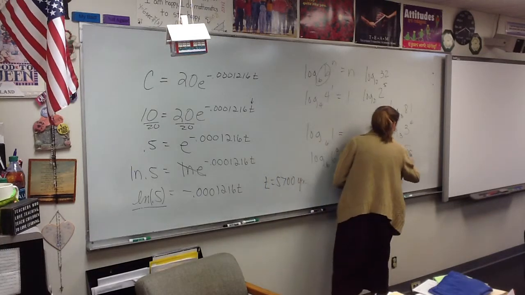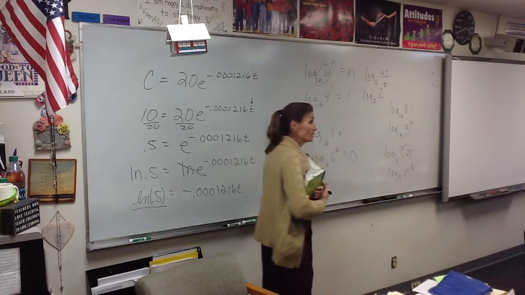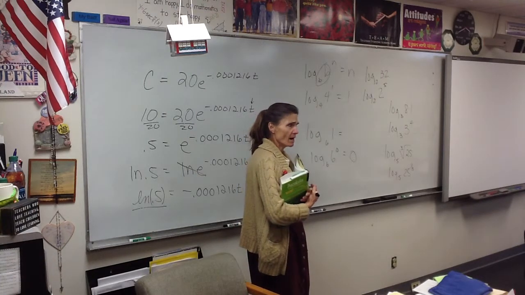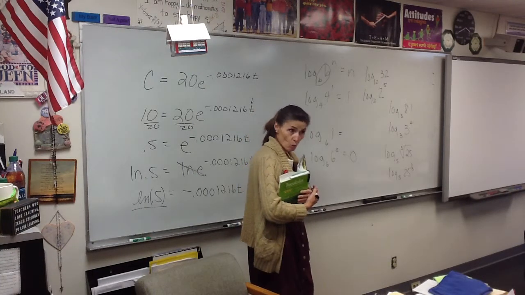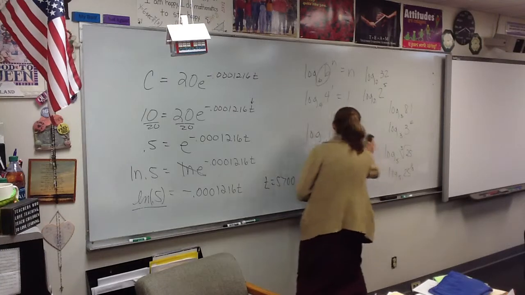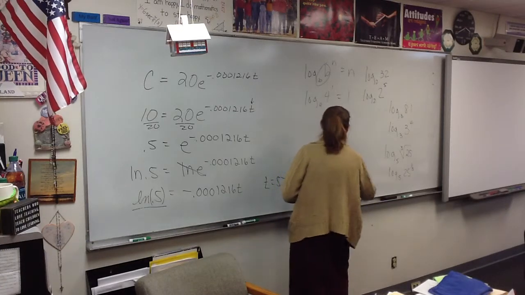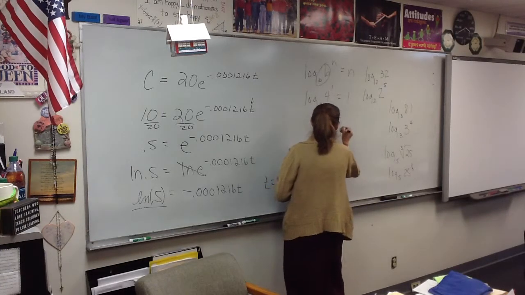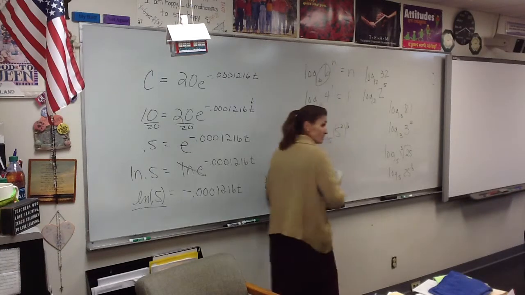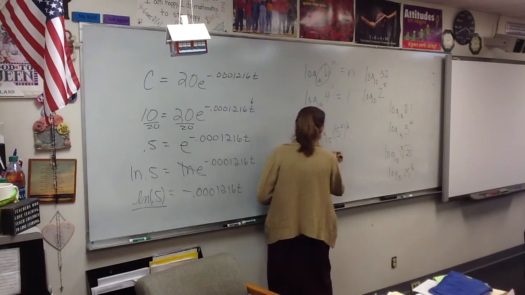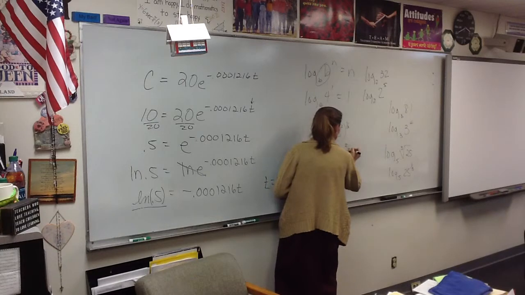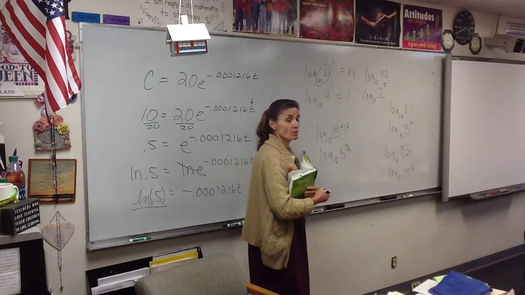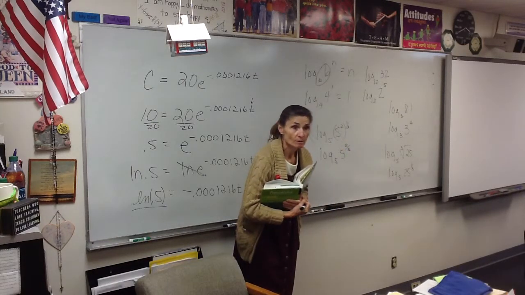So this can be written as 25 to the 1/3. Now what about 25? It's 5 squared. So we have the log base 5 of 5 squared to the 1/3, which is the log base 5 of 5 to the 2/3. So the answer to the question is 2/3.